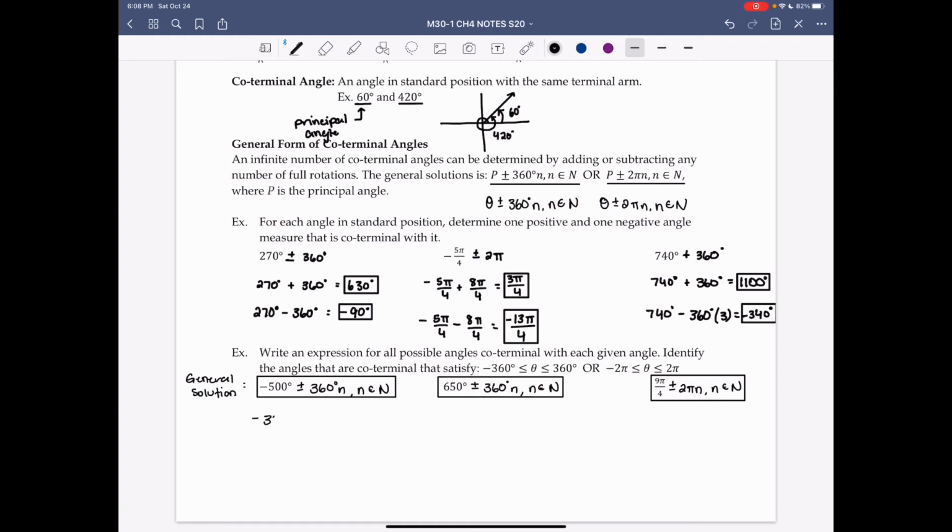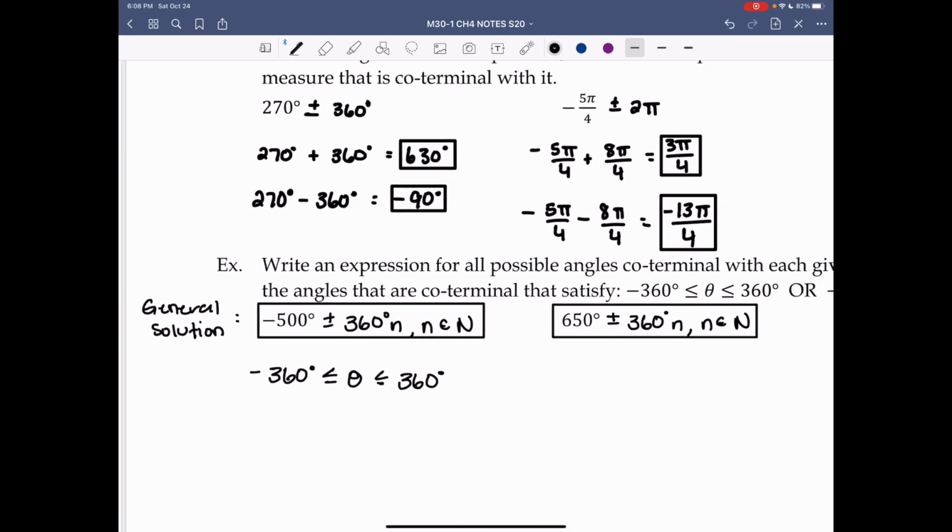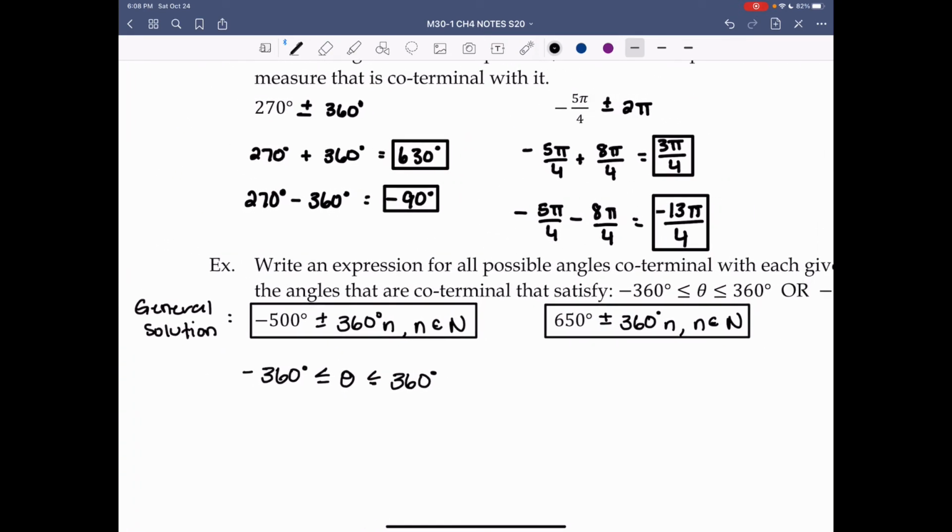Negative 360 degrees is less than or equal to theta is less than or equal to 360 degrees. Our angle, negative 500 degrees, is already smaller than negative 360 degrees, so we definitely have to add: negative 500 degrees plus 360 degrees.